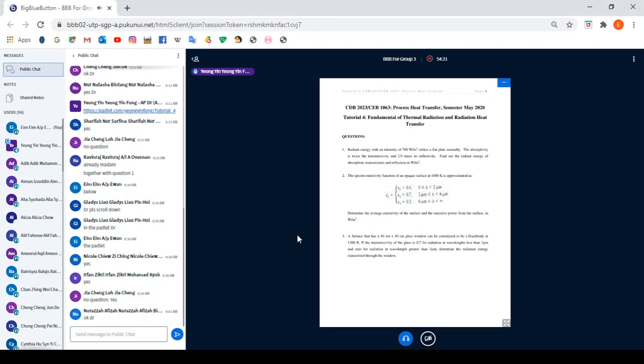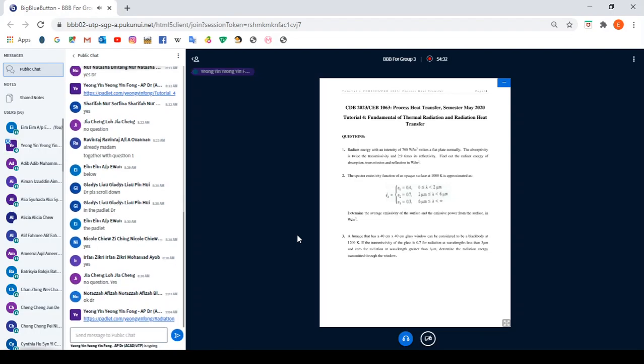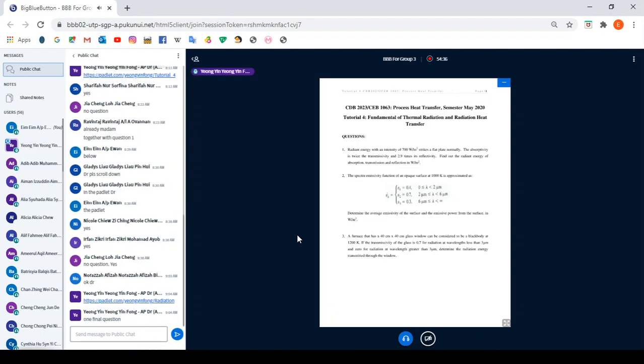You just put one final question on this topic. After that, we can go back to the Padlet and see what kind of final question you want to ask before we move to discuss the assignment questions.